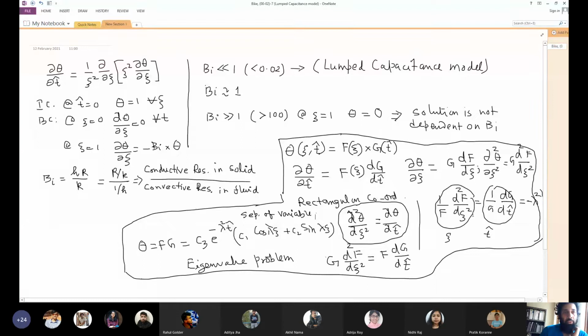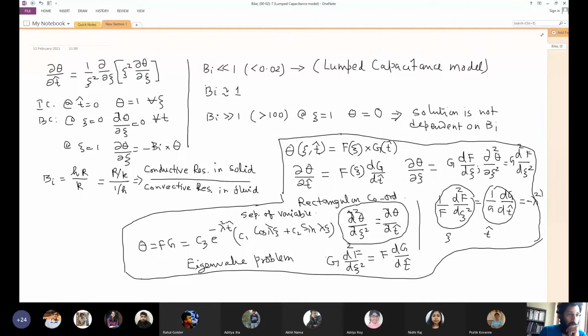The left hand side of this equation is a function of zeta only, the right hand side is a function of t hat only, and they can be equal only when they are equal to a constant. And we assume that constant to be minus lambda square. Why such a strange value? Because otherwise it has to be a negative number, otherwise this g will blow up with time. If you look at this function, it will be clear. So to make sure it's a negative value, we write it as minus of lambda square.